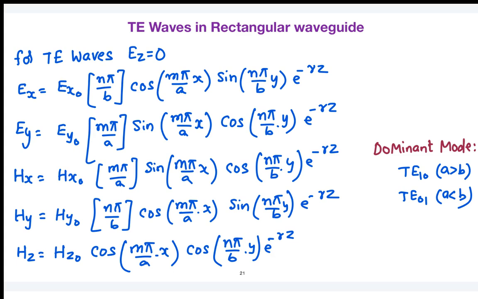But if you remember the approach I have given to find the equation for transverse electric, you have taken the Maxwell's equations, that is curl of E and curl of H. And then you are going to get some 6 set of equations there, after equating the ax coefficient, ay coefficient and az coefficient. Since you are having 2 Maxwell's equations there, a total of 6 equations are there. And after solving that, you are going to get these kind of equations in rectangular waveguides.